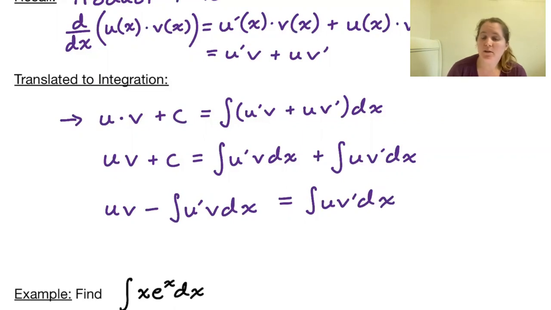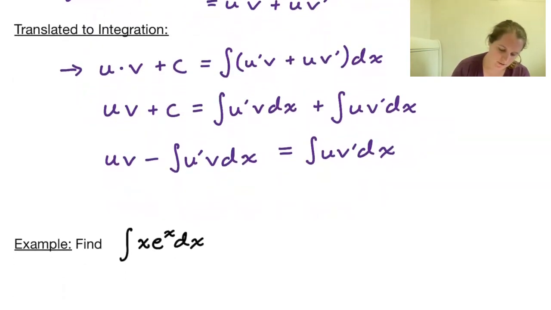So if we can sort of rearrange our function so that it's a function multiplied by a derivative, then we can use integration by parts to solve. Usually what I do is I set this up as I put u and then what I call dv, which is v prime times dx.